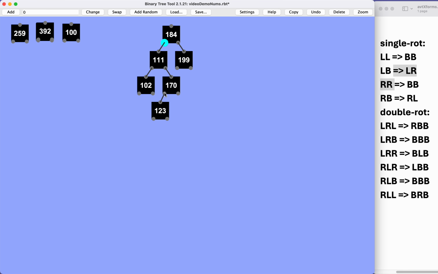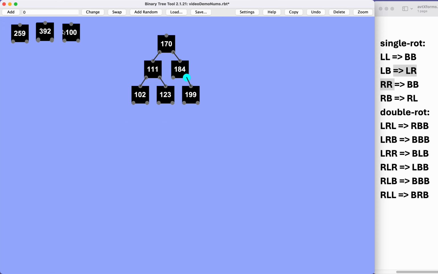So I see growth here, here. This guy needs to grow, but it can't grow anymore. It can't lean anymore, and therefore I have a left, right, left. That becomes right, balanced, balanced, and double rotation. Insert the 100, comes down here. And I actually see a height increase all the way up on the left side.